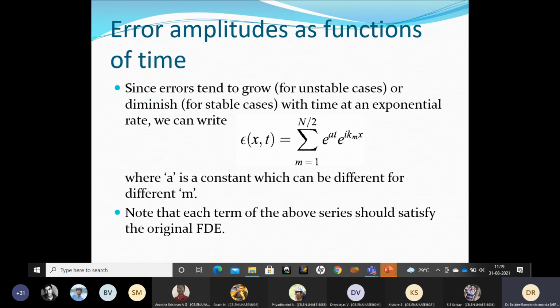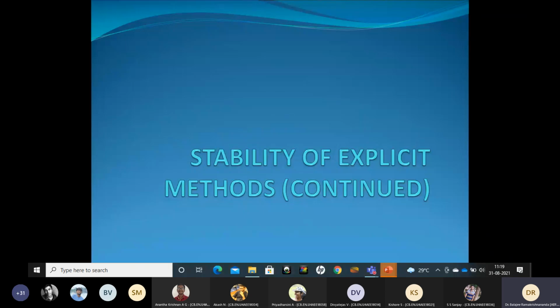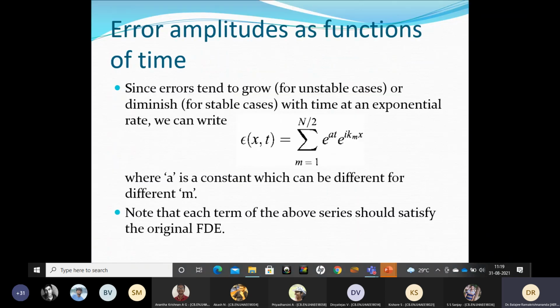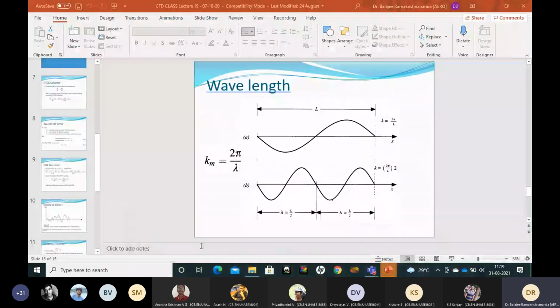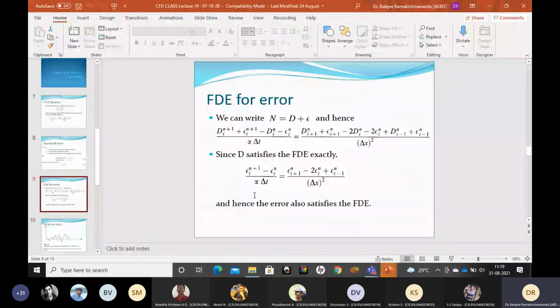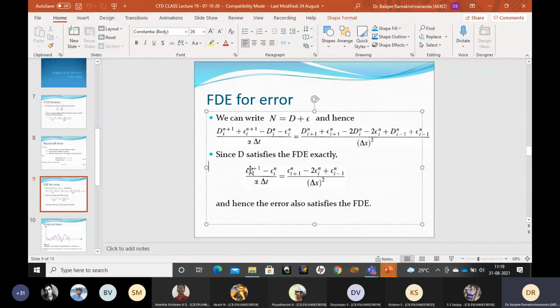Now, look at the FDE. The error should satisfy the FDE. Imagine if all this is substituted by those terms, then each one of those frequencies will have a separate FDE. So all these errors, their Fourier components also individually should satisfy this FDE.